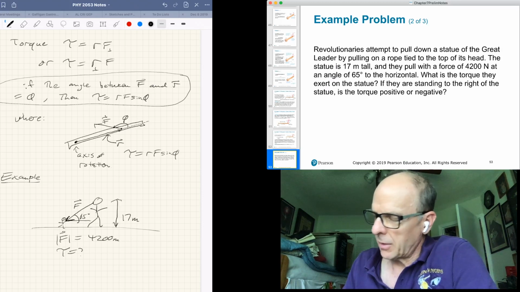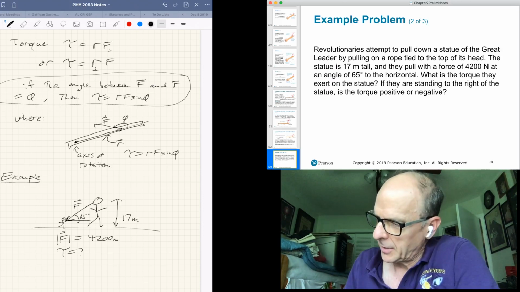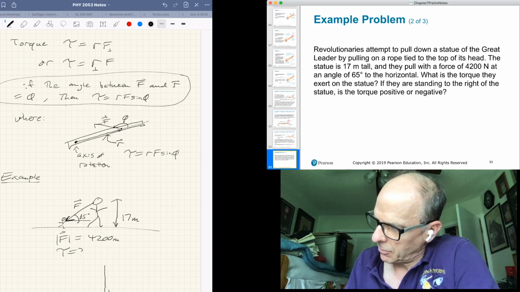Let's redraw this more simply, replacing the statue with just a bar that's going to be toppling over, so it's pivoting around this point.